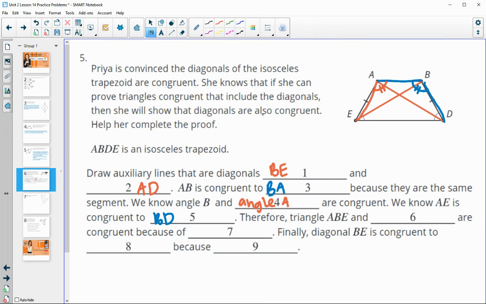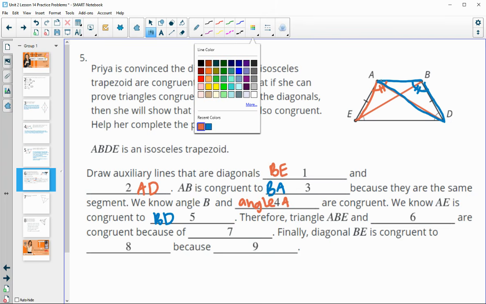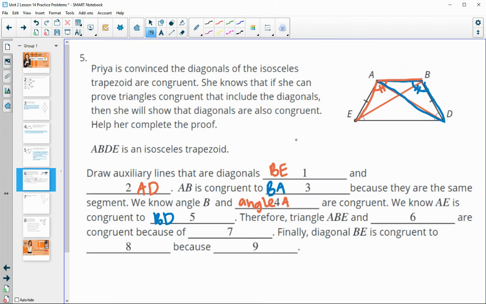And therefore, we know that the two triangles, so let me actually draw this one blue. So we've got this blue triangle here is congruent to this orange triangle. And we know that because we see, now we have this marked too. So we had that side was the same side in both. We had this angle and then we were given that side. So this is by side angle side.